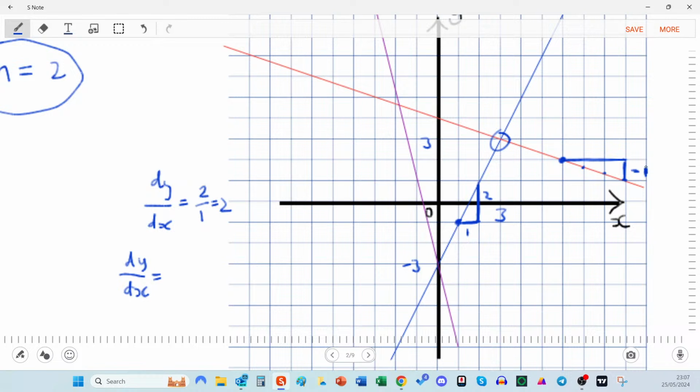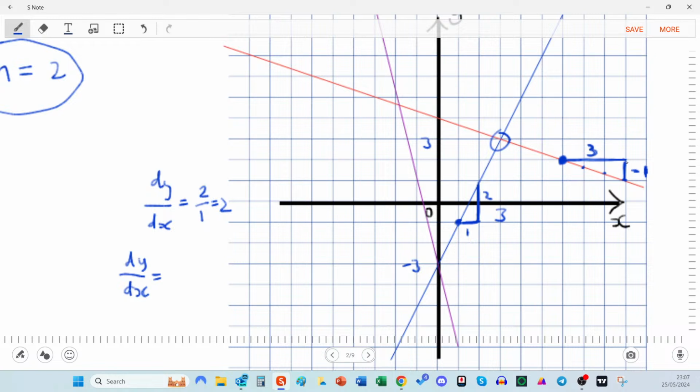This is if we read from left to right. So we started here, and we're going to go right and down. So this is a -1, but it is 3 across in the positive direction, which is to the right. And all of these are going to be positive for the x.